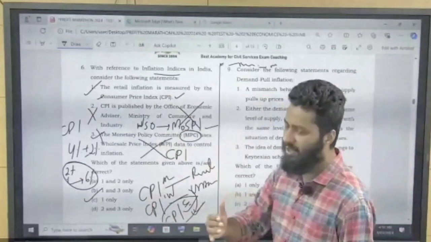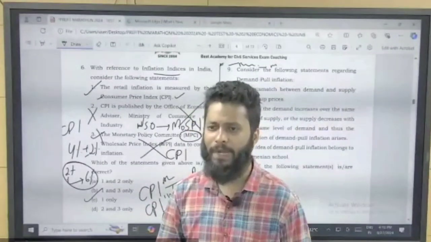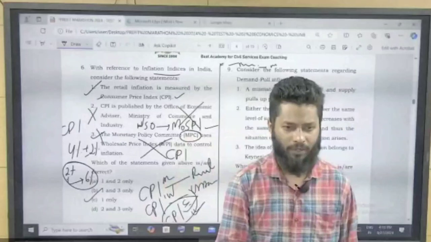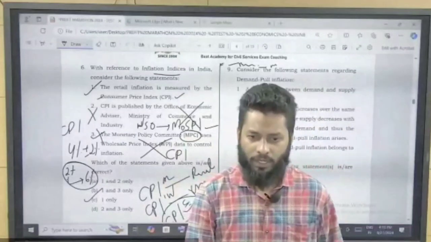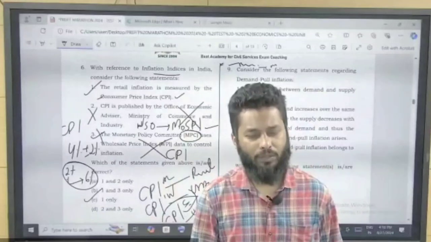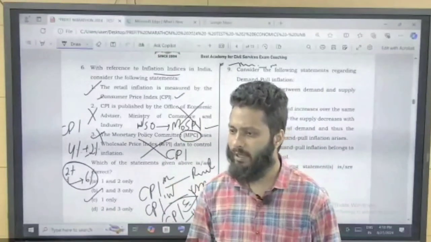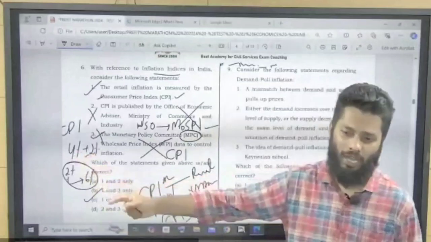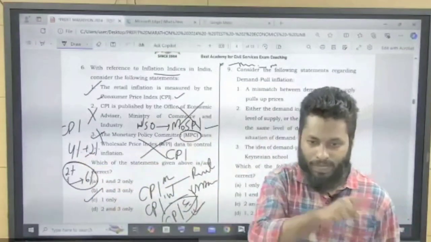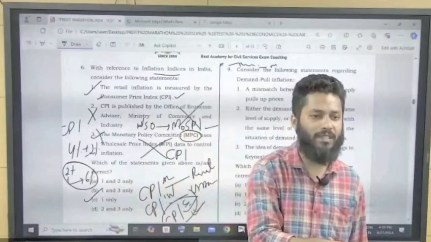Enough money is available with the public, so there is enough purchasing power. Enough liquidity is available in the market, but production is not happening at that level. Money is there in the hands of the public, but production is not matching the demand.